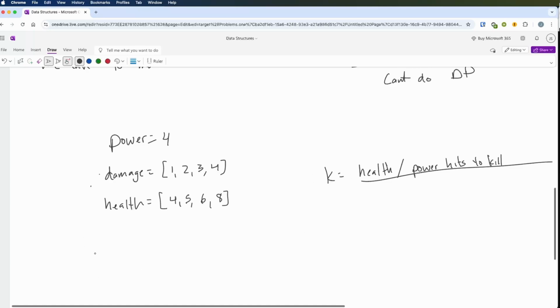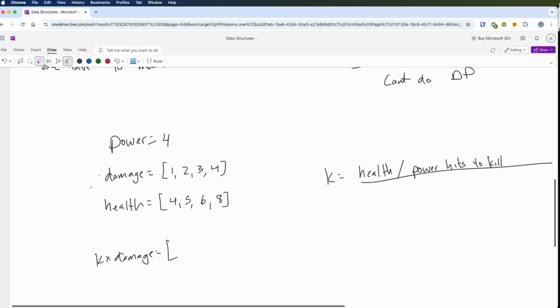So if we have our K times damage, the max amount of damage that they can inflict would be, let's actually say K in this case is 1, 2, 2, 2. Times damage, so you can deal at most 1 damage.